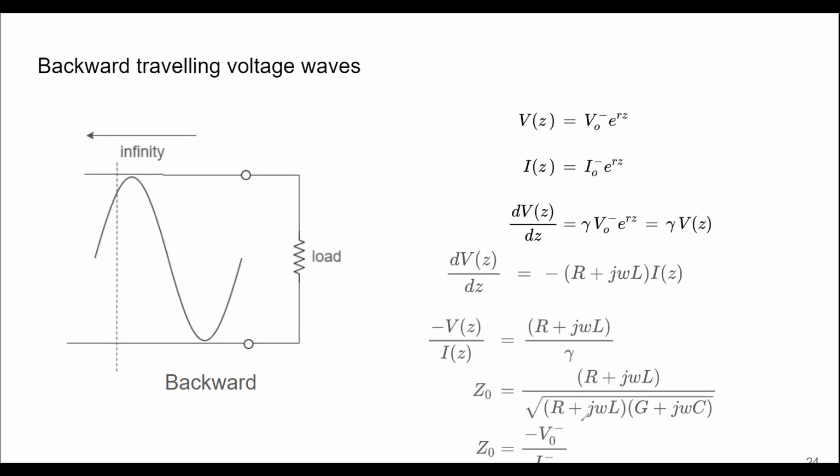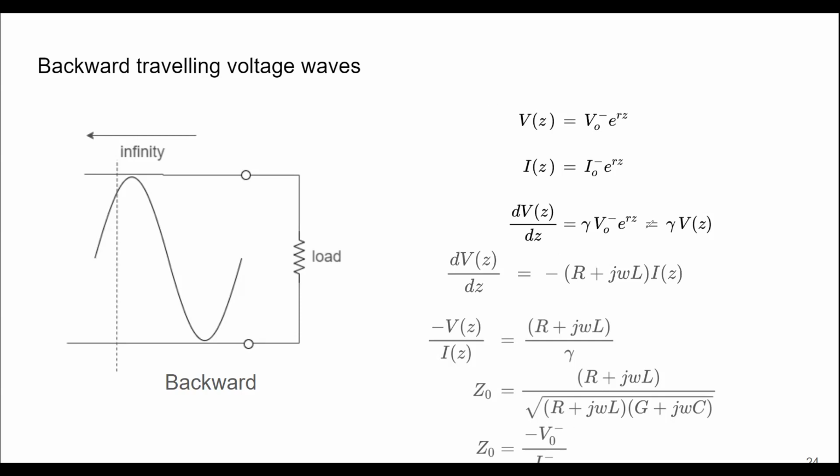So V naught minus denotes the backward going voltage. We take the minus sign because the current is now going in the backward direction, right? I naught minus denotes only the magnitude of the backward going current, but in order to represent that this is a backward going wave, we add the minus sign in front of this V naught over I naught ratio. So we can denote Z naught as minus V naught minus divided by I naught minus, right?